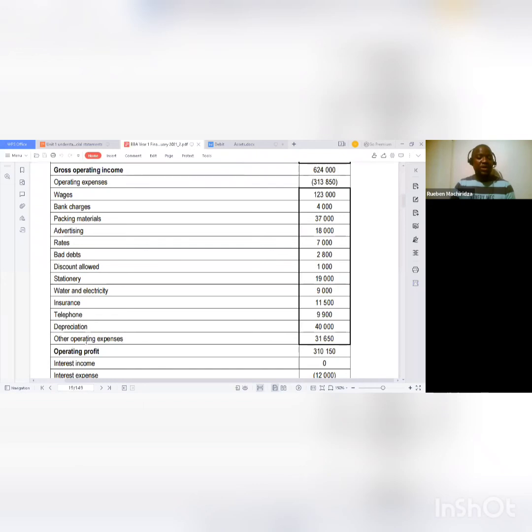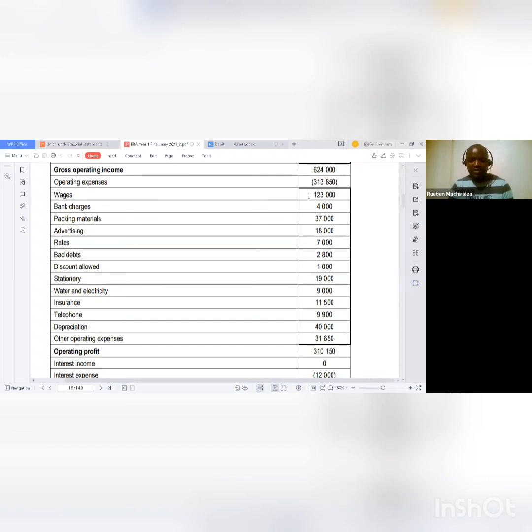So other operating expenses are any other that are not included here, any other that we have not talked about, any other expense that the business has incurred. We need to include it because remember, we have to record each and every financial transaction, each and every expense. But if it so happens that we cannot record it as a separate item, we put it under a bracket of other operating expense.